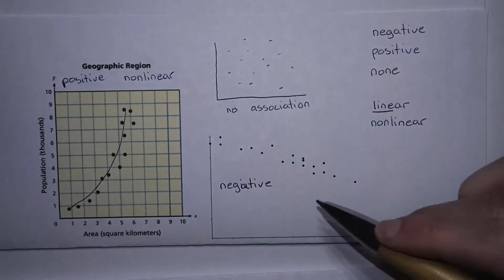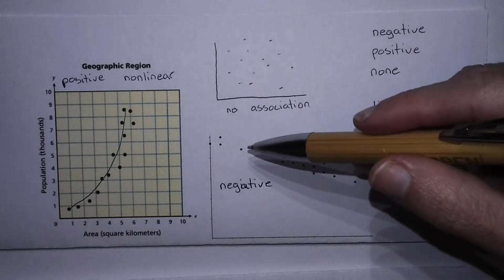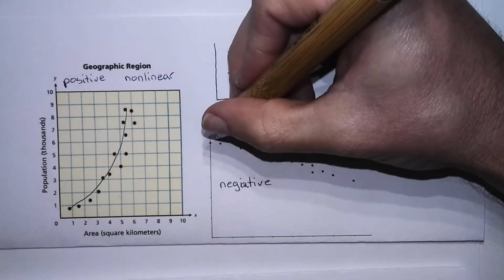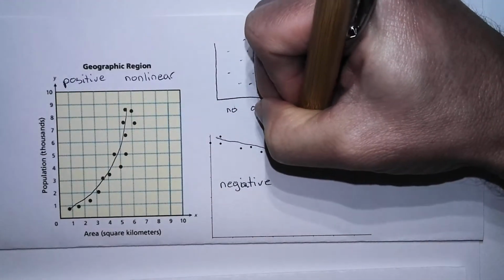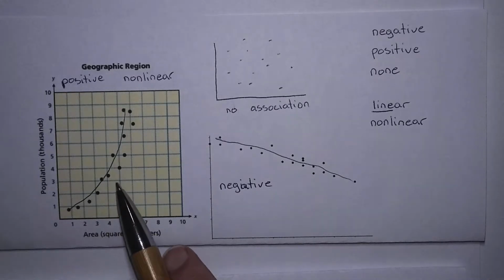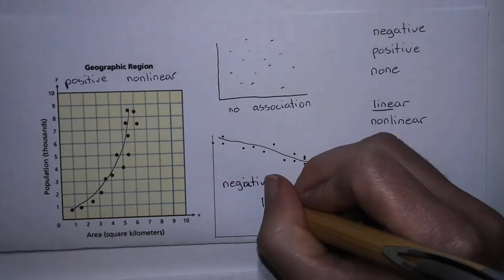If it has a negative relationship, it can also be linear or nonlinear. As I said before, it doesn't have to be a perfectly straight line, which this one is not. But again, if I'm drawing a line through the center of all these dots, it's fairly straight, especially when you compare it to this one, which was clearly curved. So this one is linear.